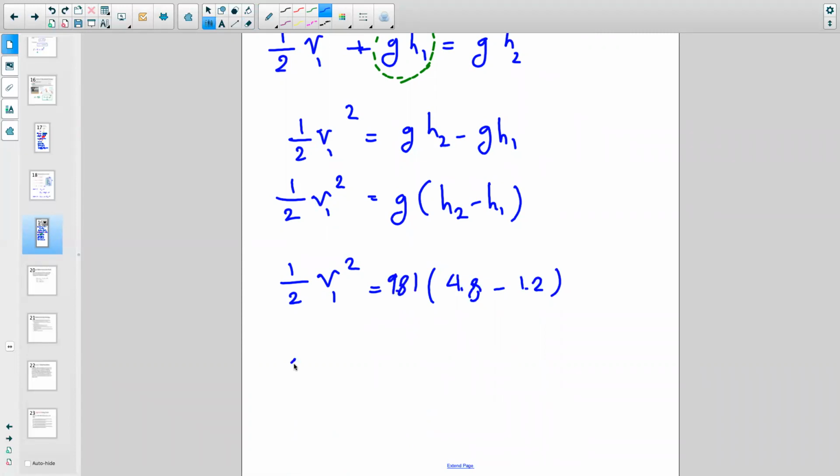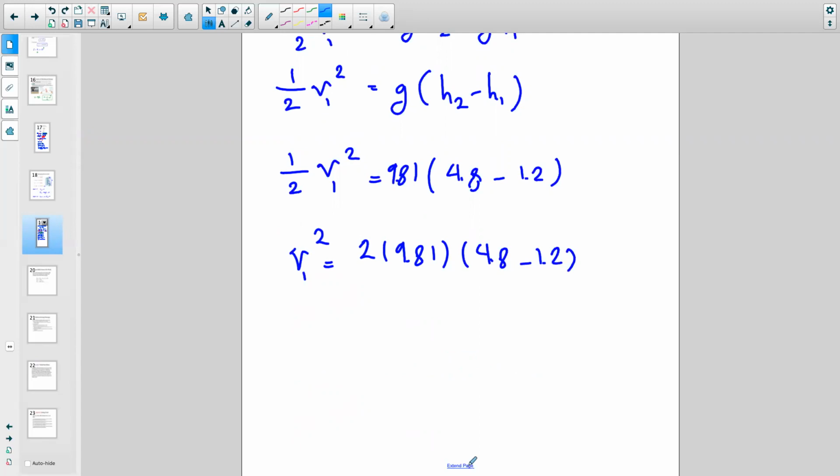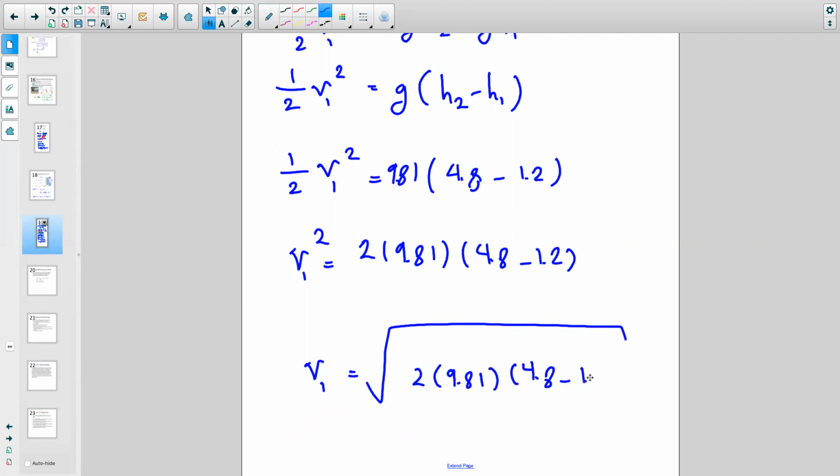So v1 squared is 2 times 9.81 times (4.8 minus 1.2), or v1 is whatever I have underneath the square root: the square root of 2 times 9.81 times (4.8 minus 1.2).